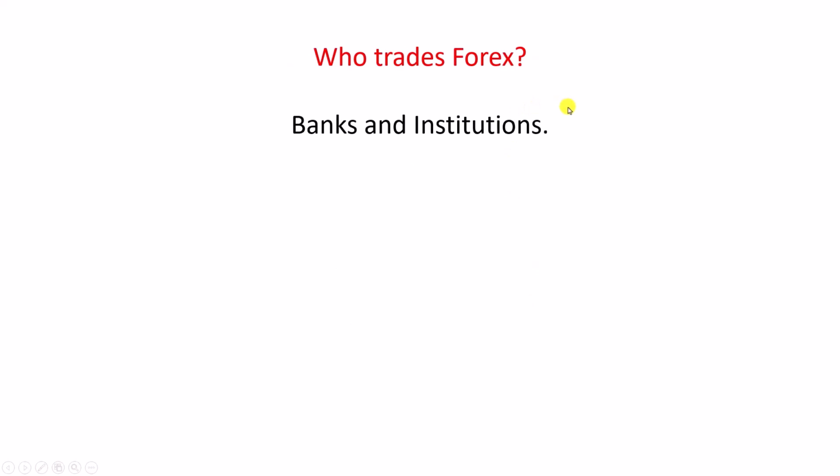Generally, we have three main groups. One is banks and institutions. Banks and institutions trade in forex. All right. They are the ones who move the market. They are the ones with a lot of money. They cause changes in the forex market.